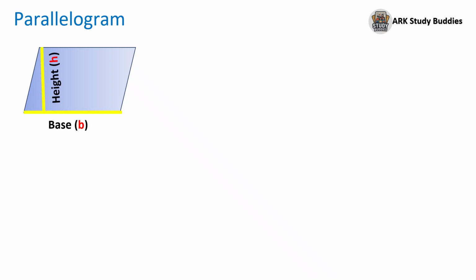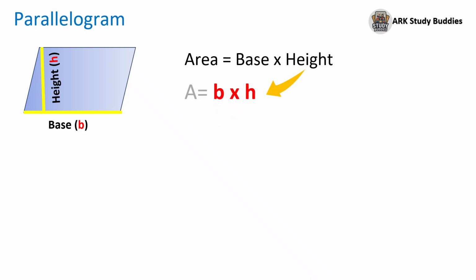Let's learn about parallelogram. In a parallelogram, if the base is B and the height is H, then area is equal to base into height, that is equal to B into H. Let's go to trapezium.